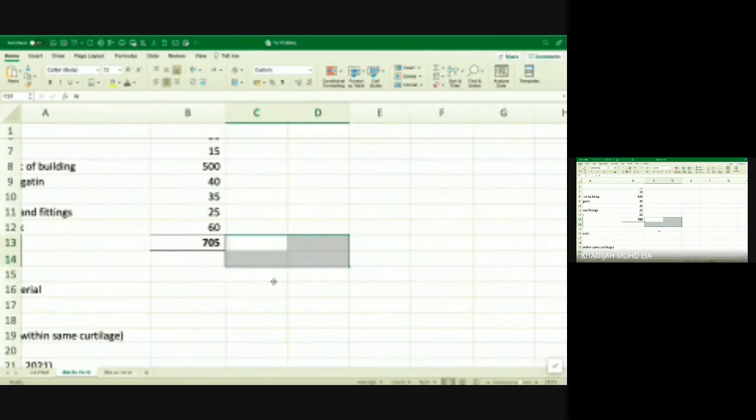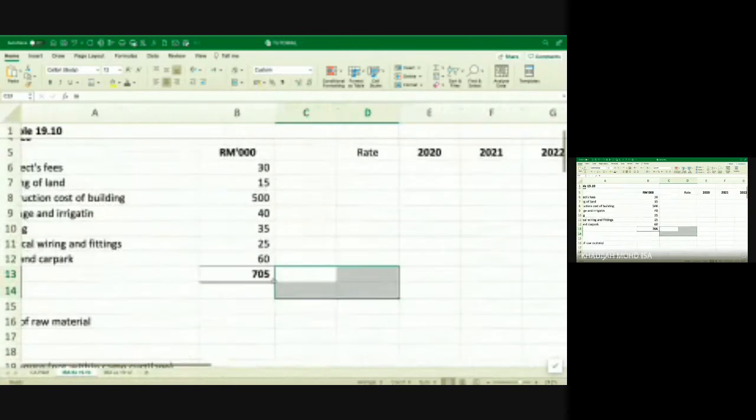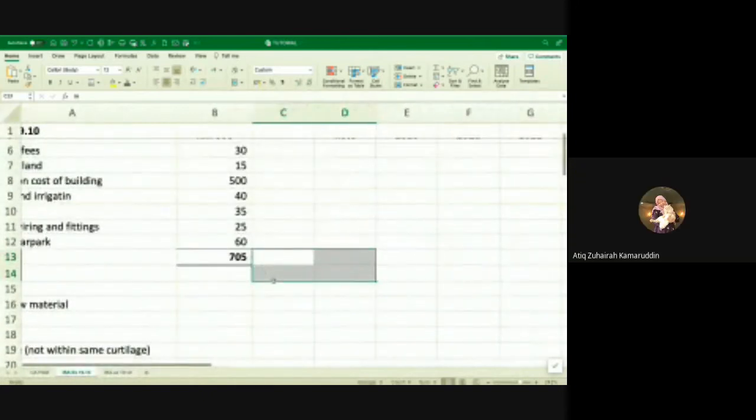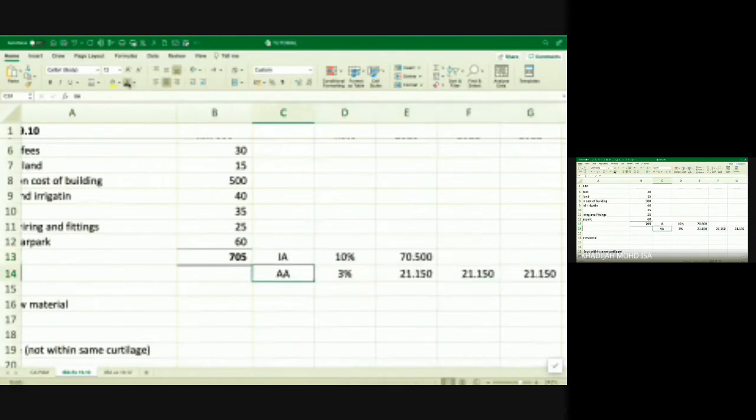So what is the IA and AA? This is a normal building. What is the IA? 10%. So you compute IA and AA on the 10%.